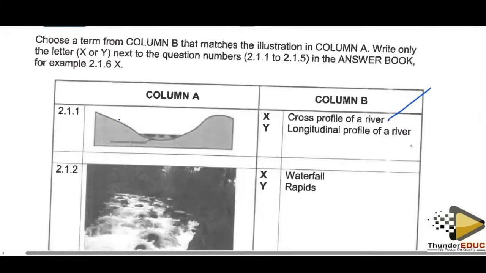Like in the upper course, where it's going to be deep, narrow, the middle course a bit wider, and in the lower course a bit gradual. You see, so you can see these are different shapes of the river, but at different stages or at different courses. So if you look at this one here, you can as well see it's showing us a shape. You see, that's why we say that our answer for 2.1.1 is a cross profile, because the cross profile shows different shapes.